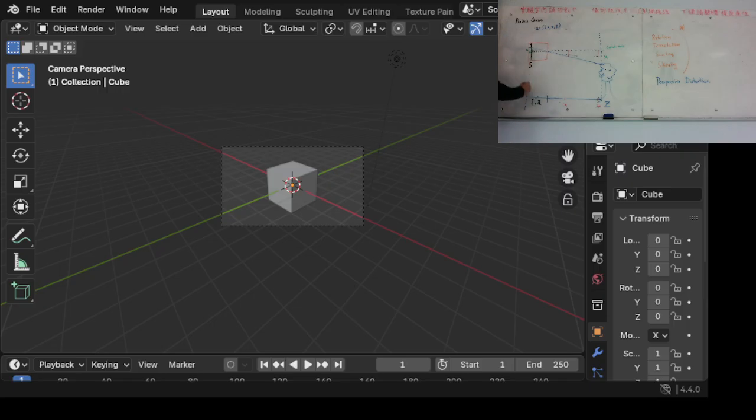However, this focal length, that one is actually constant. That doesn't change. Once you build the camera, the focal length will remain the same, unless you have a mechanical zoom camera.